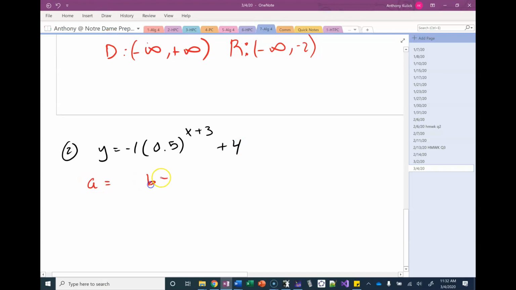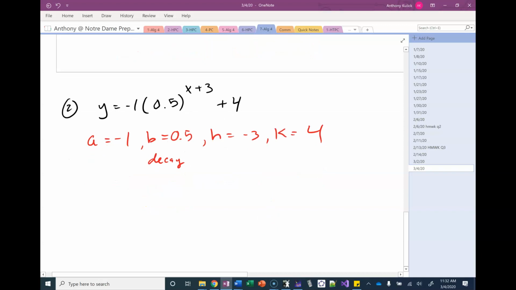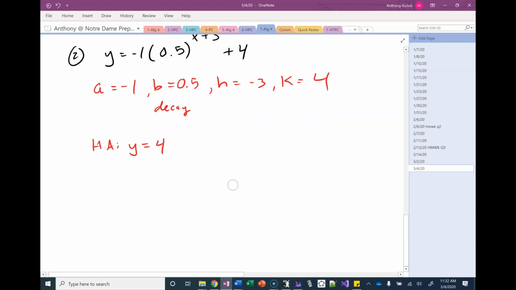So first things first, we'll write down our values for a, b, h, and k. Everybody agree there? Notice that the b value is less than 1, so that's decay. For our horizontal asymptote, that's y equals k. And then we'll make our xy table.